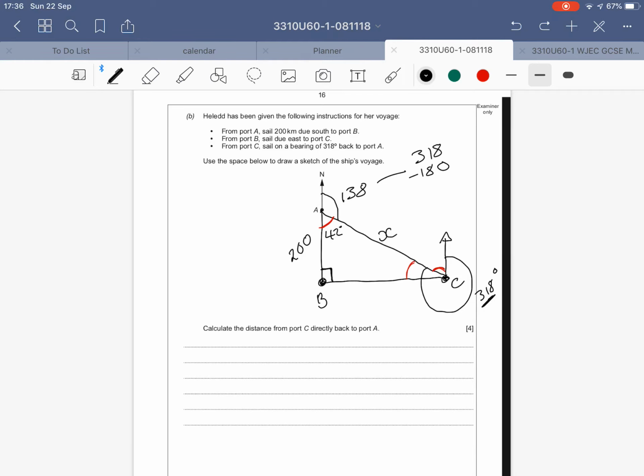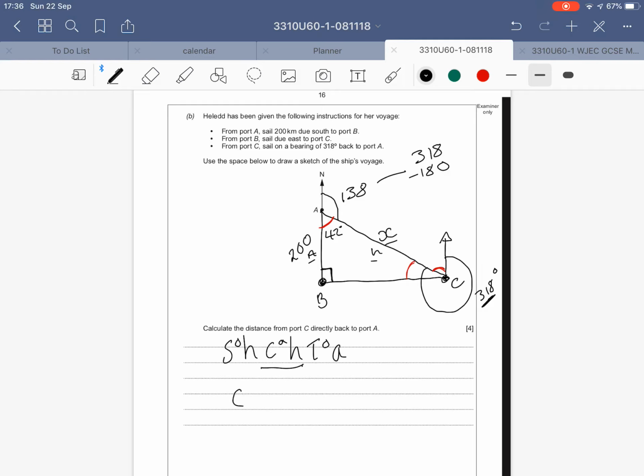So this is my hypotenuse. This is my adjacent now. And we are using CAH.